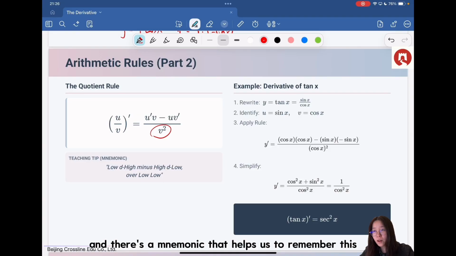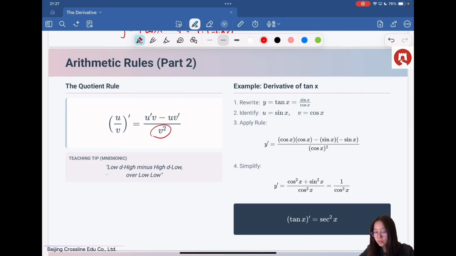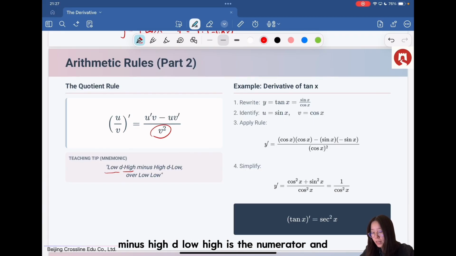And there's a mnemonic that helps us to remember this quotient rule. That is low d high, low d high: low is v, and d high is the numerator, minus high d low, high is the numerator and low is the denominator, over low, which is the square of the denominator.